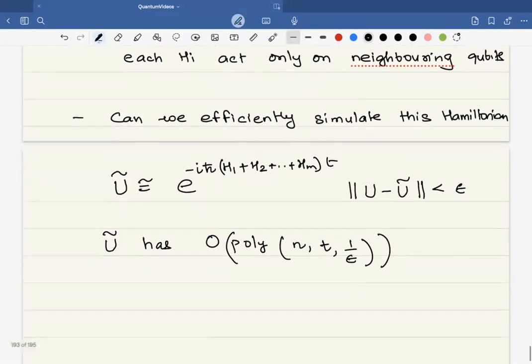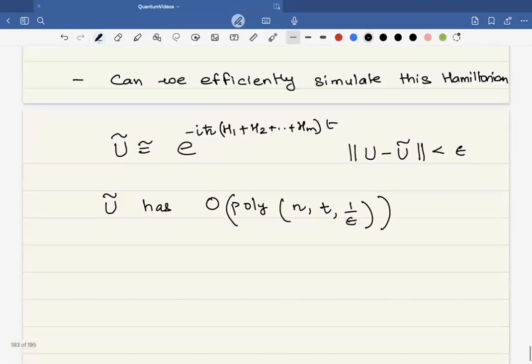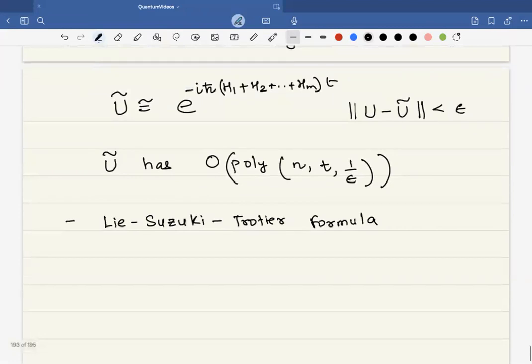And so how do you efficiently simulate this? One of the ways, there are many ways, but one of the standard ways of doing it is through the Lie-Suzuki-Trotter formula. You may know that if I try to exponentiate a matrix, if I take e to the A plus B, in general, this is not equal to e to the A times e to the B. If this was the case, then this would be easy to construct.